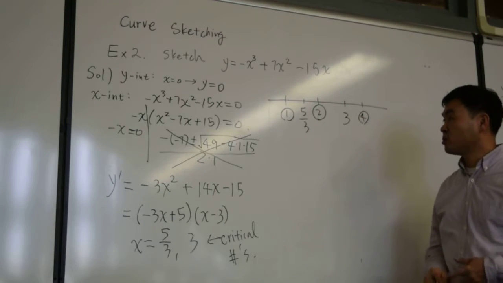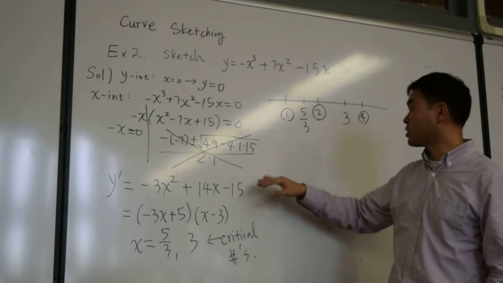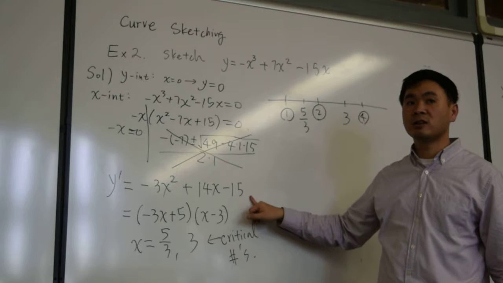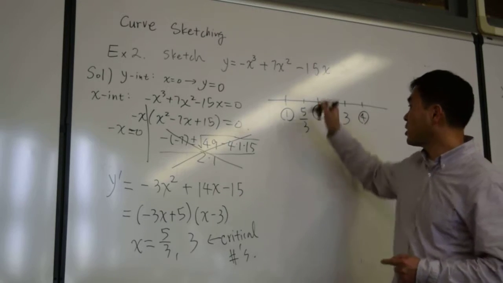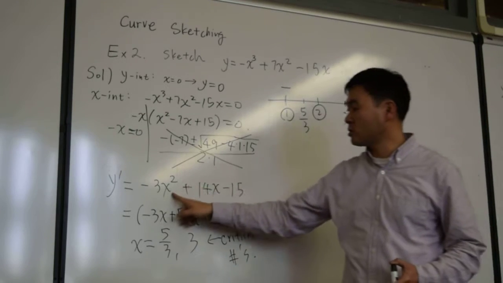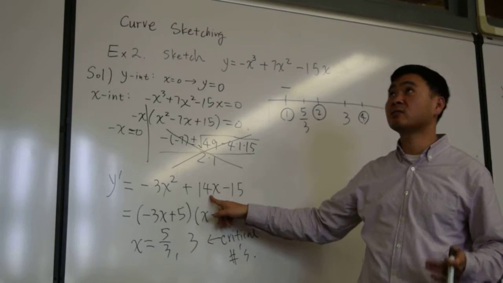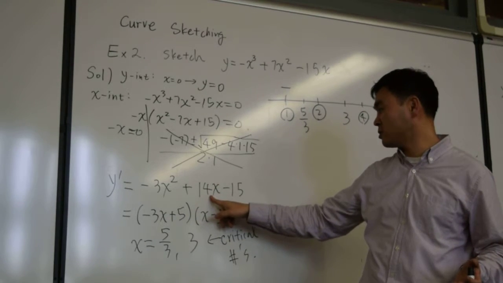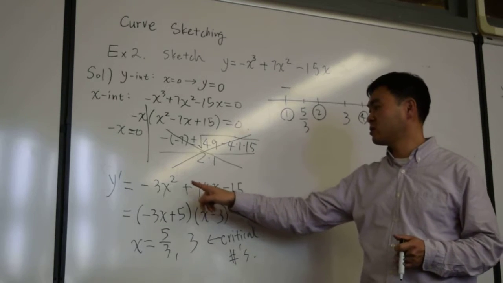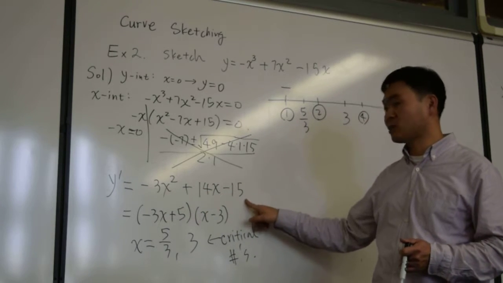And what you have to do is plug in 1, 2, and 4 one by one. If I plug in 1, it's negative 3 plus 14 minus 15. It's negative 4, so you get a minus value here. If I plug in 2, 2 squared is 4, 4 times negative 3 is negative 12, and 2 times 14 is 28, so 28 minus 12 is positive 16, and 16 minus 15 is 1.